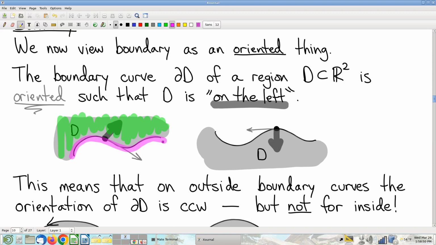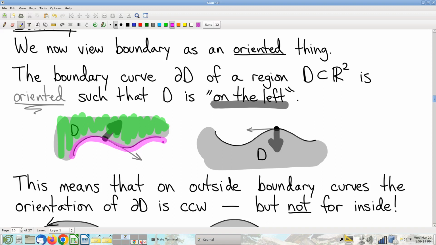It has to be oriented. I need to know which direction you're going along the curve in question. Otherwise, it's not clear which of the two options you mean, and they are not the same. They're negatives of each other. Right? So we need to talk about boundaries in this context. We need to talk about boundaries not as curves, but as oriented curves.